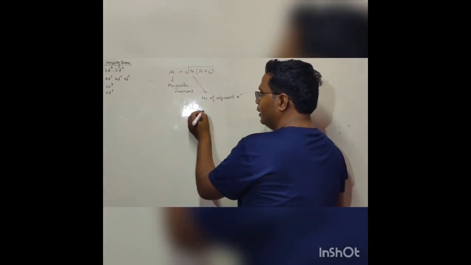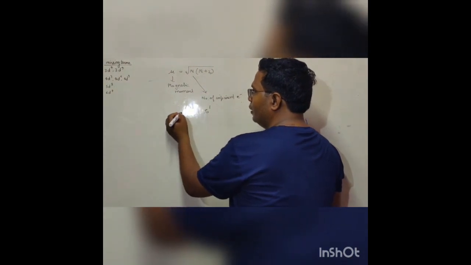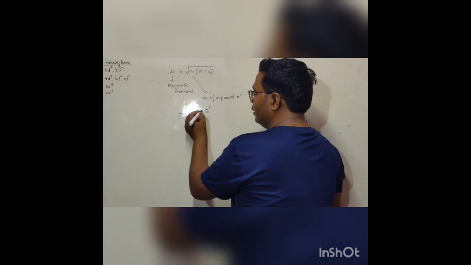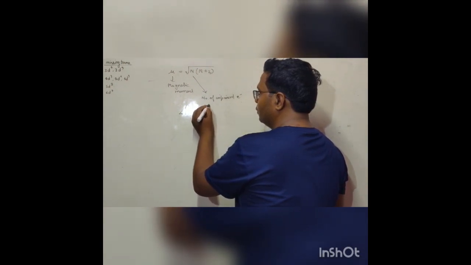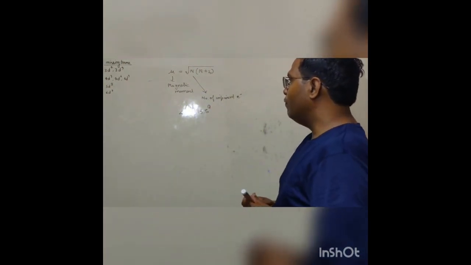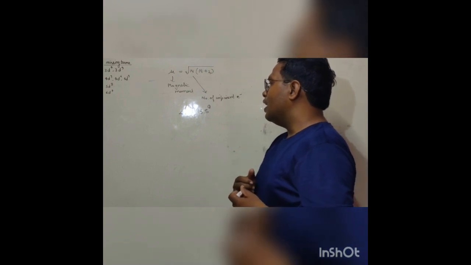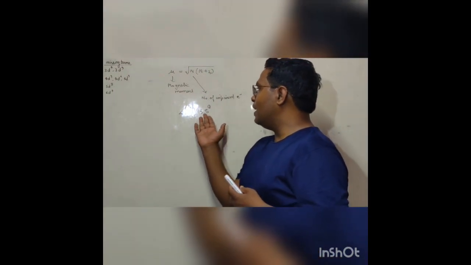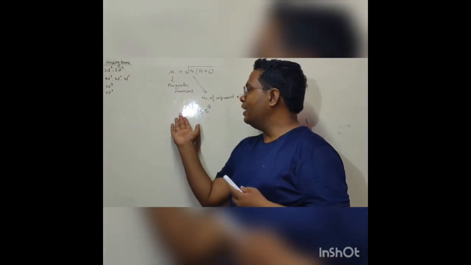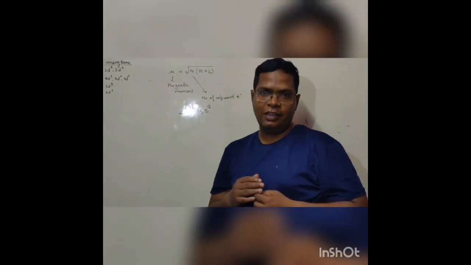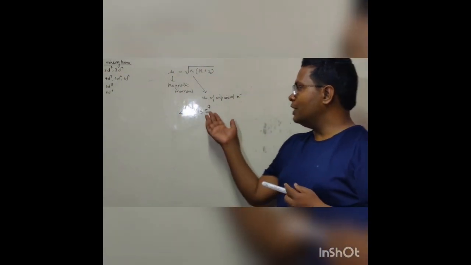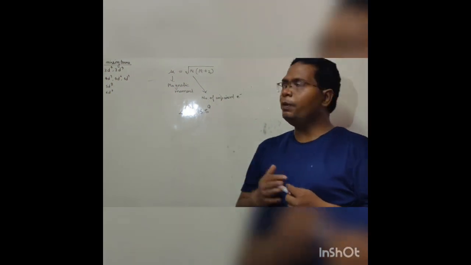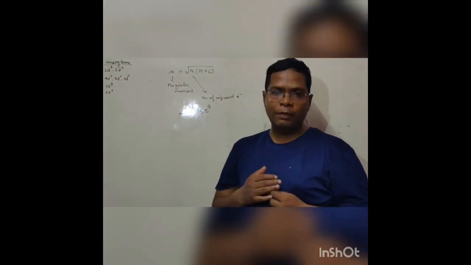In the 48 configuration, we will find 4D10 5S0. You will be surprised how it is possible that 5S has 0 and D has 10 electrons. According to our Bohr rule, first the S subshell should be filled, then after that D should be filled.